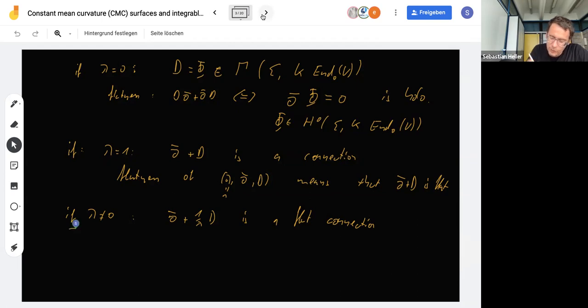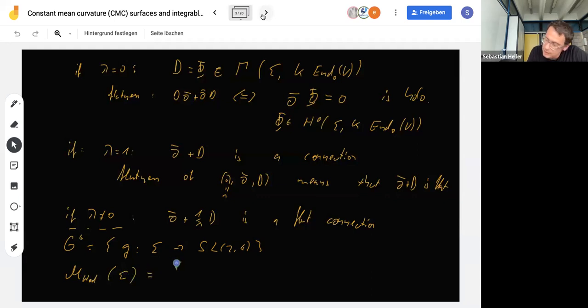So what we have again is the complex gauge group of maps G from sigma into SL2C in our situation, and then we can construct the so-called Hodge moduli space of our Riemann surface sigma to be the space of lambda connections on our bundle V modulo gauge transformations.